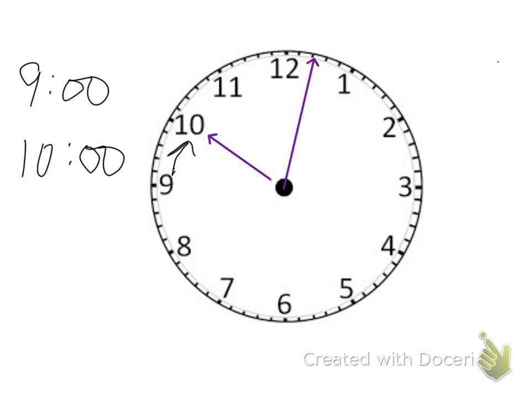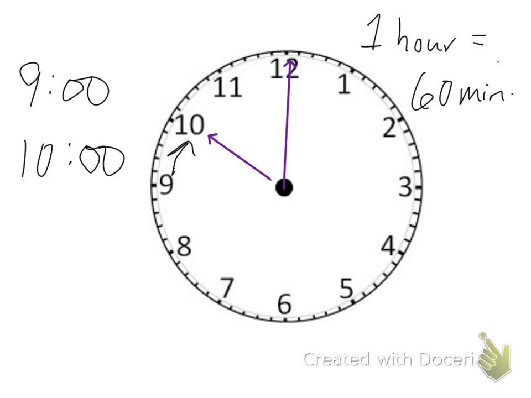So we have 1, 2, 3, 4, 5, 6, 7, 8, 9, 10, up through 58, 59, 60. So 1 hour equals 60 minutes.